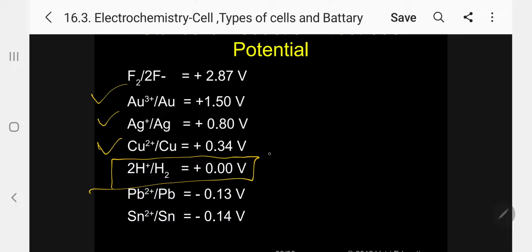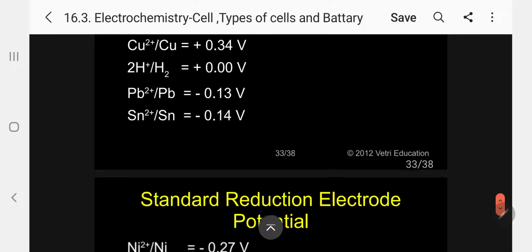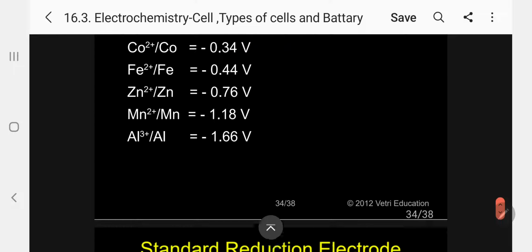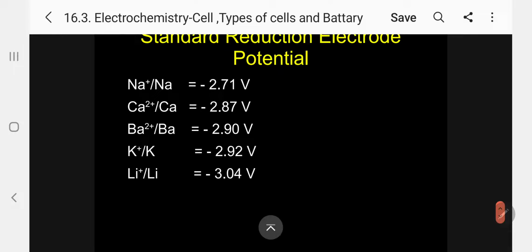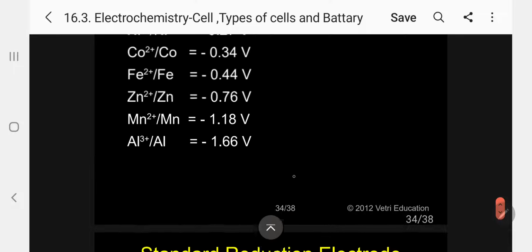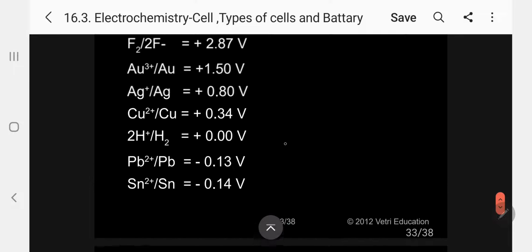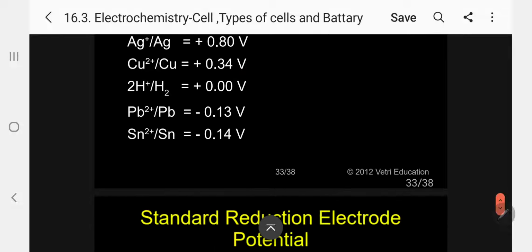Whereas below the hydrogen, kindly see, all the reduction potentials are negative values. Kindly follow. Lithium is the highest negative. So this way you have to remember this.